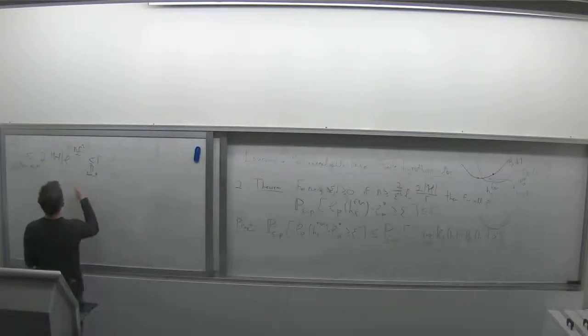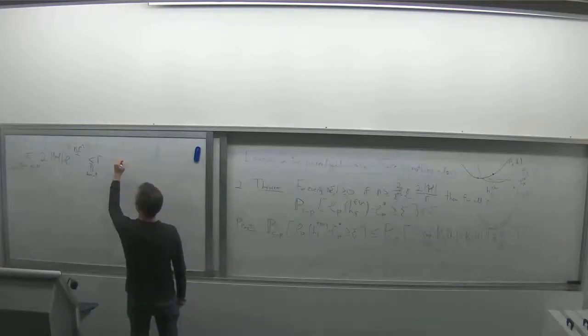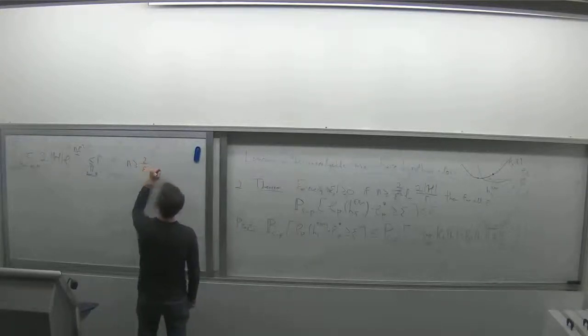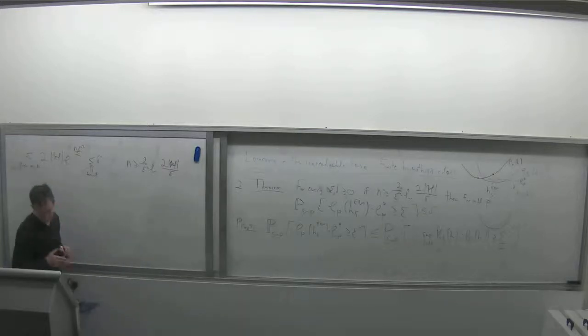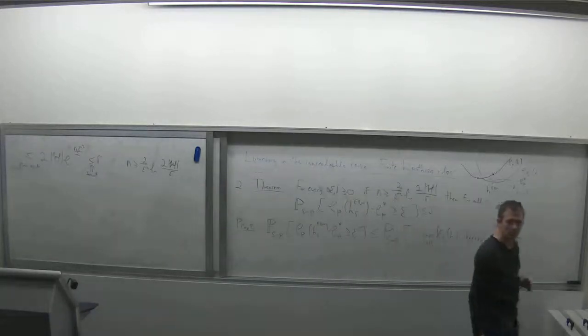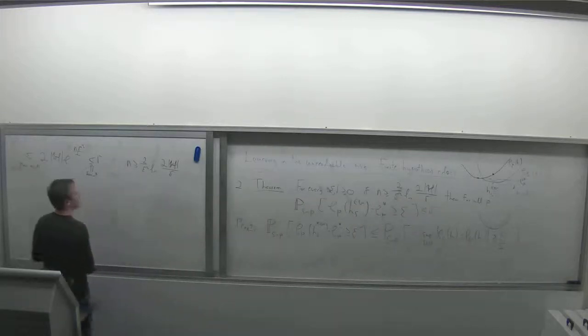So if we just do algebra now, we get the result, hopefully: n is greater than 2 over epsilon squared ln 2h over delta. Okay, good. That concludes that.